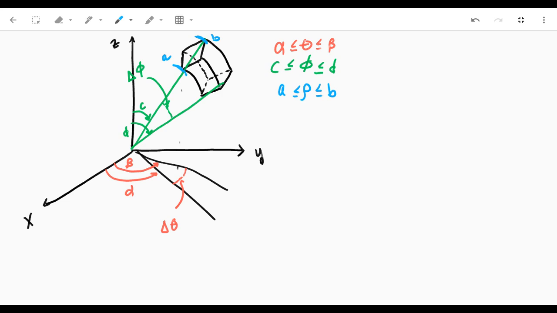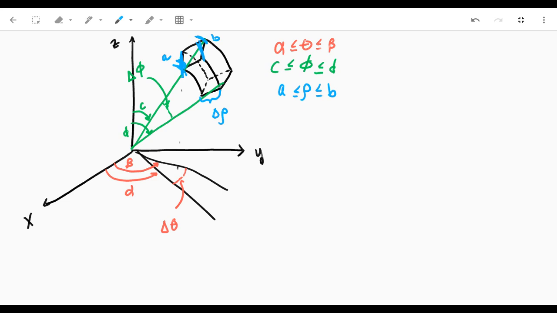I just don't want to draw more lines over the ones that I already have. Actually, this should be going to the front. Then that would make this side length delta rho. I got it slanted a little bit wrong where I wanted it, but there we go.